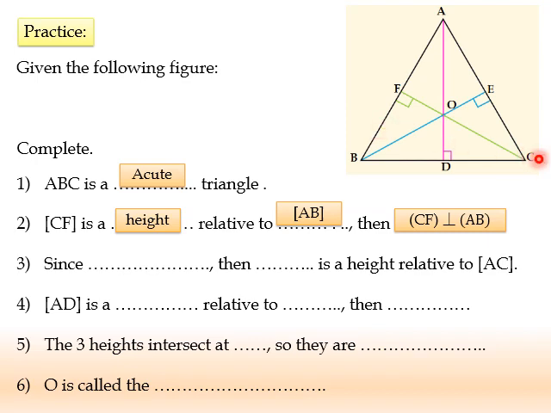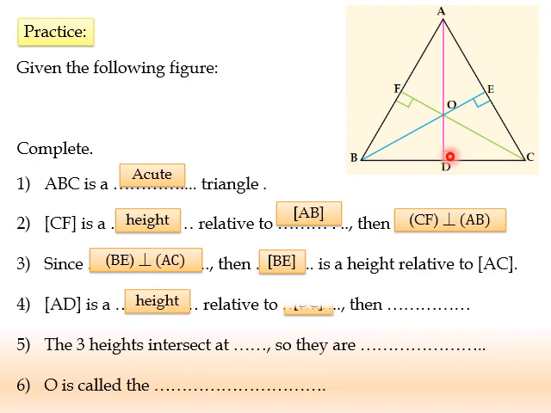Then CF is perpendicular to AB. Now, since BE is perpendicular to AC, then BE is a height relative to AC. Now, what about AD? It's drawn perpendicular, so it's a height relative to BC.